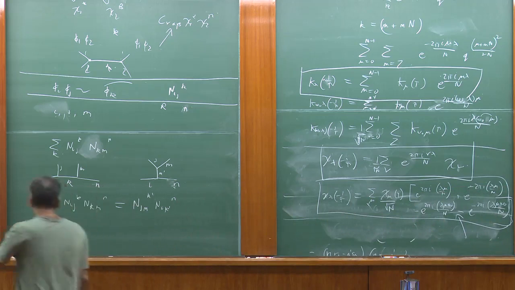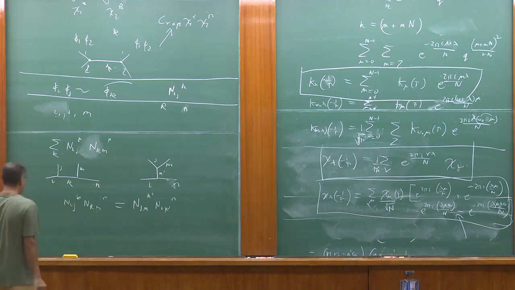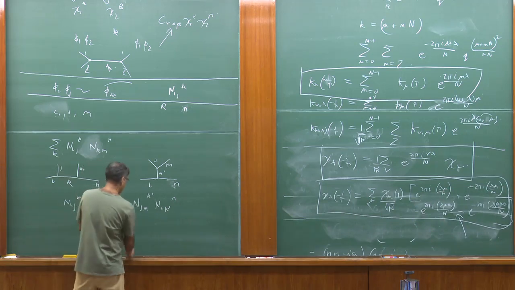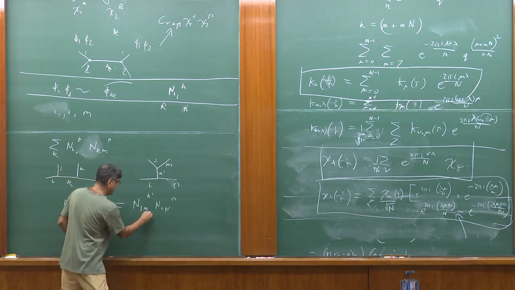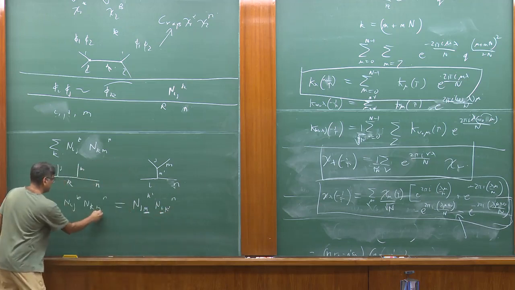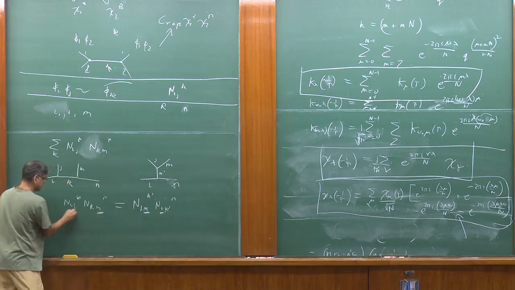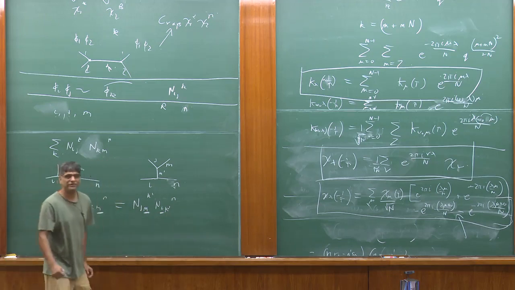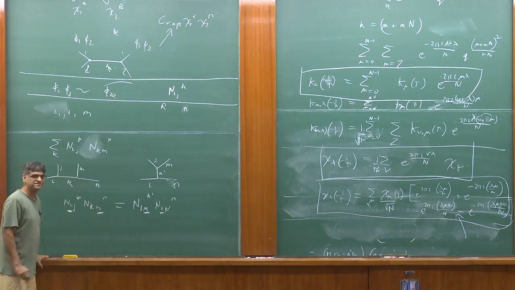Okay. Now, I want to look here. In this matrix, this M here and this I here appear here, whereas this M here and this I here appear there. So let's invent a matrix out of these coefficients.